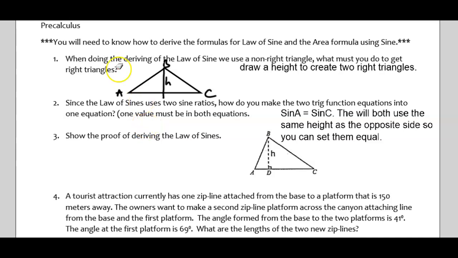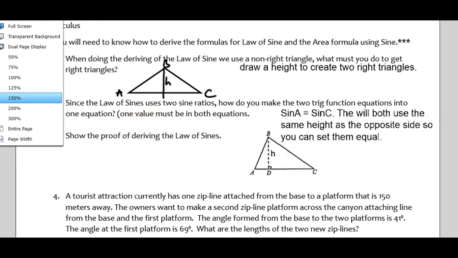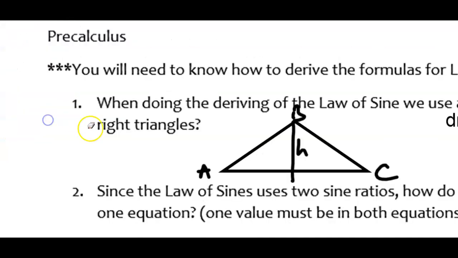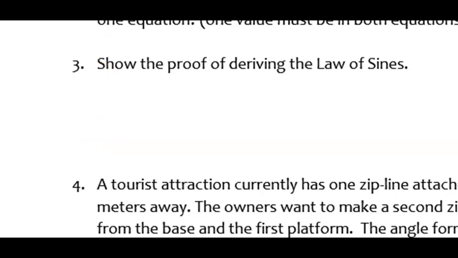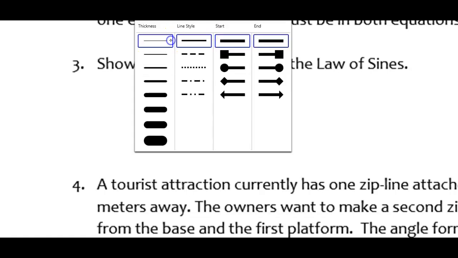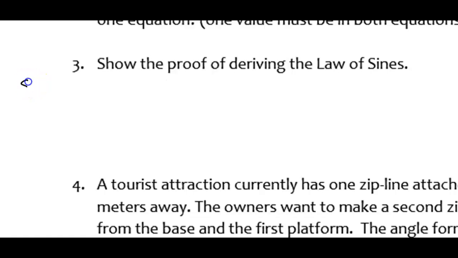So now we show the proof of this whole thing. And the proof derives directly from what we've been saying today. If I say that sine of A, actually, let me change the thickness of this pen. If I say sine of A equals h, which is the height.